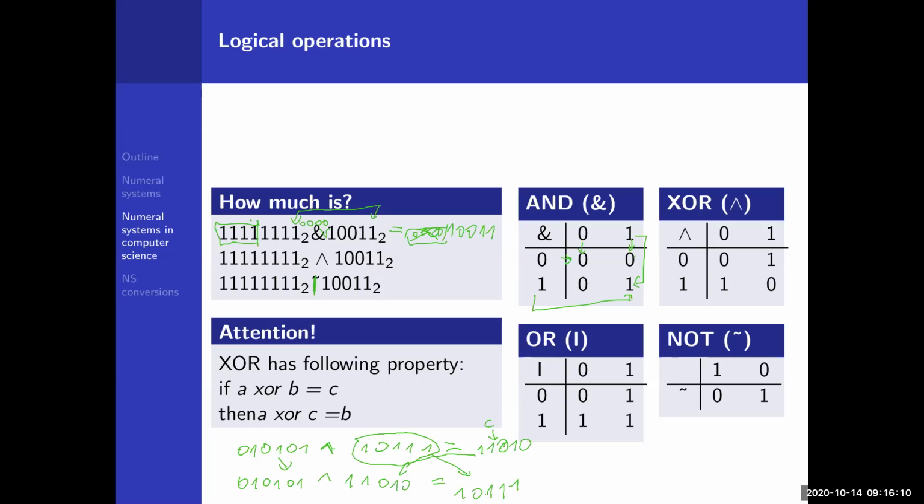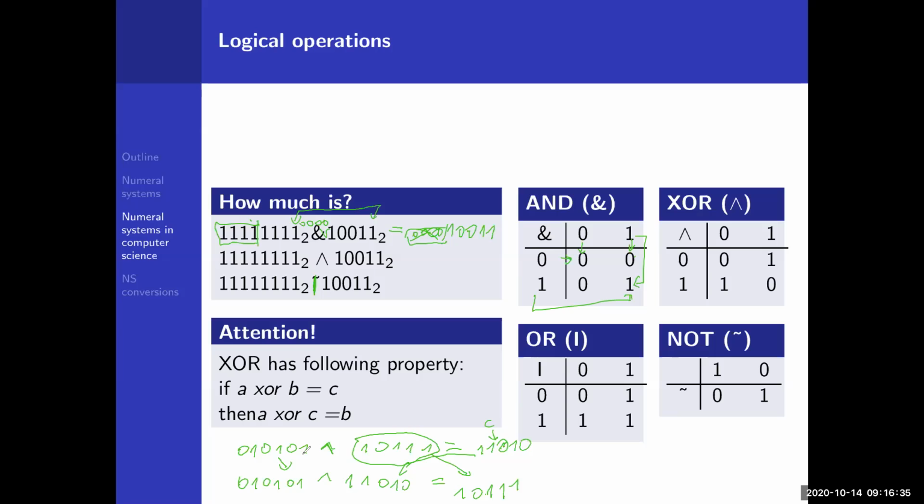So how can it be used? Okay, it can be used, for example, as a simple cryptographic method, to encrypt data. So I have a secret key, and I perform the XOR operation with every value which I send.